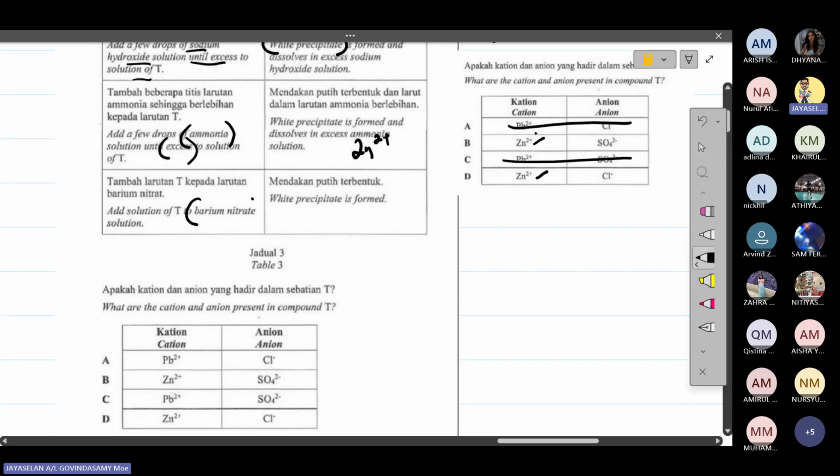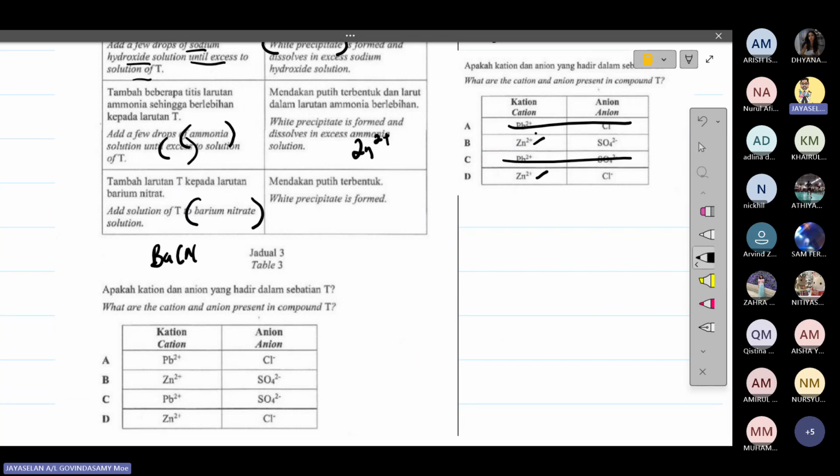They add barium nitrate solution. Please remember barium nitrate, the nitrate ion is a soluble salt. That means here you see nitrate, sulfate and chloride. This is the test to show the presence of the anion, which will join with barium ion and form a white precipitate which is insoluble.